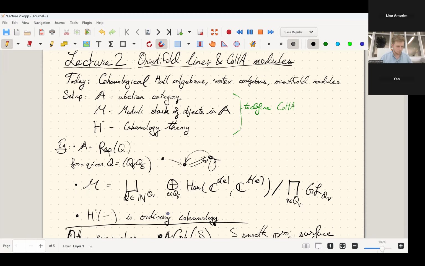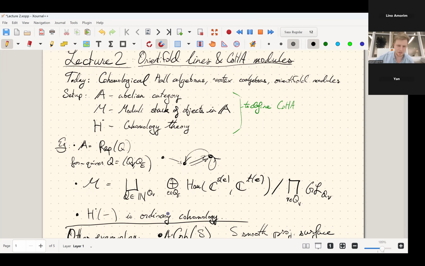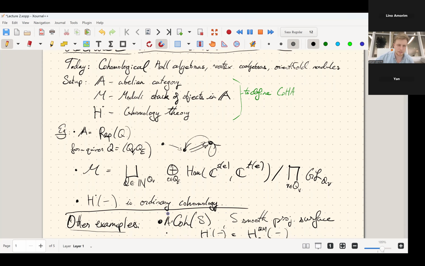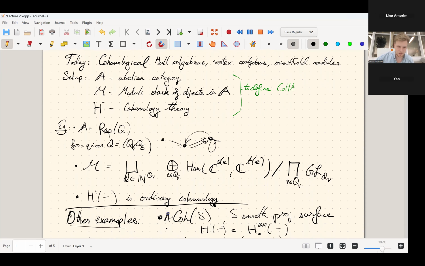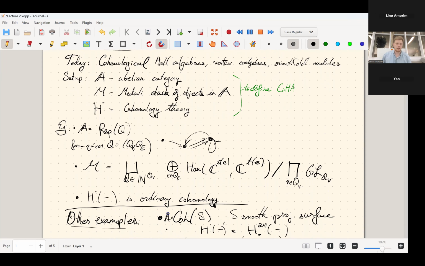So what's the setup? It's pretty general. We're not going to work for this lecture in the greatest possible generality or the generality in which it's written, but we're going to cover the simplest case, where it's easiest to state and there's the fewest technical details. But in general, there's some features that always happen.